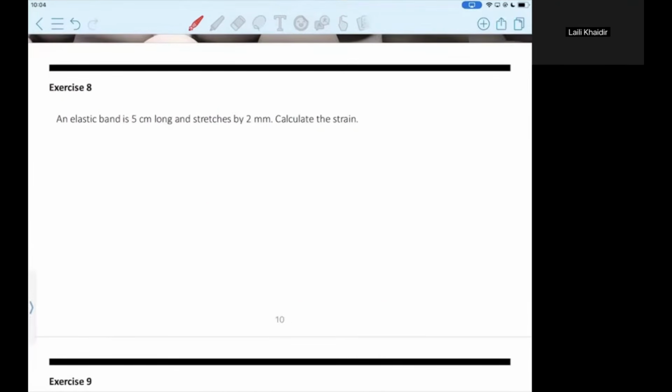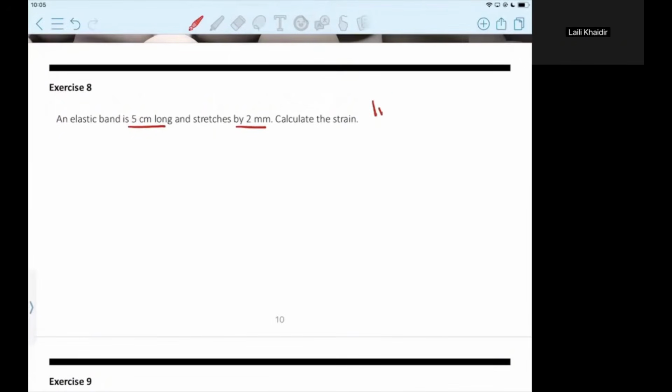Okay, let's continue with our exercise 8. So the question is asking us to find the strain, given that an elastic band is 5 centimeter long and stretches by 2 millimeter. Again, we have to do conversion. So 5 centimeter long and 2 millimeter stretches.